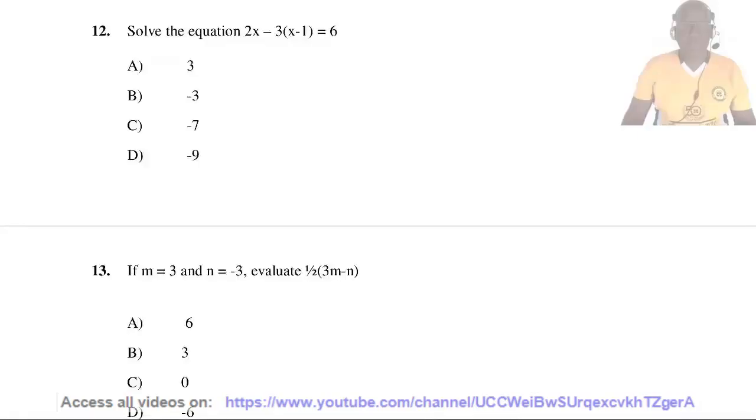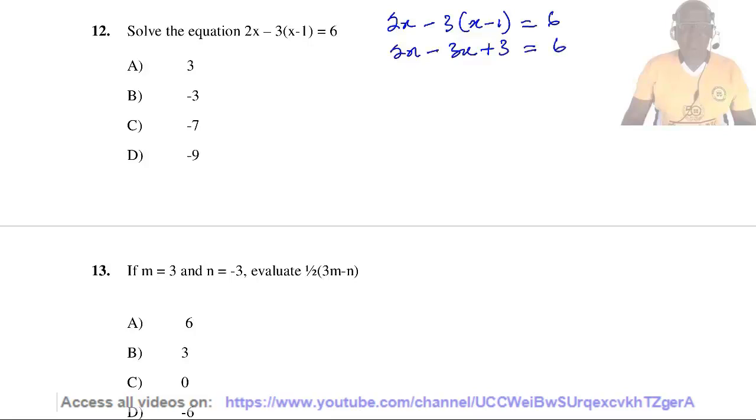Question 12. Solve the equation 2s minus 3 times (s minus 1) to be equal to 6. That is 2s minus 3 times (s minus 1) equals 6. We shall remove the brackets, so we shall get 2s minus 3s plus 3 equal to 6.